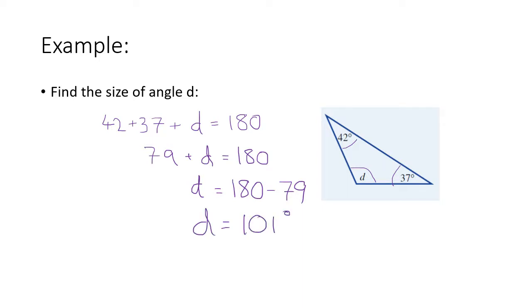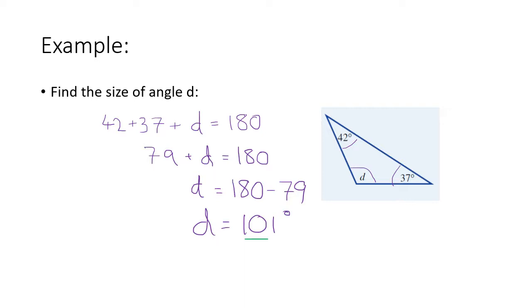And then let's think about this one a little bit more. We could say some things about the triangle that were kind of obvious, but we've got the numbers to back it up now. We can see that we've got three different angles, and also one of them is greater than 90 degrees.